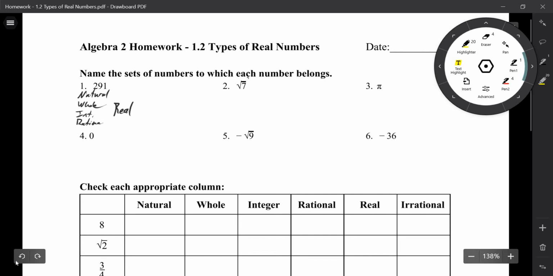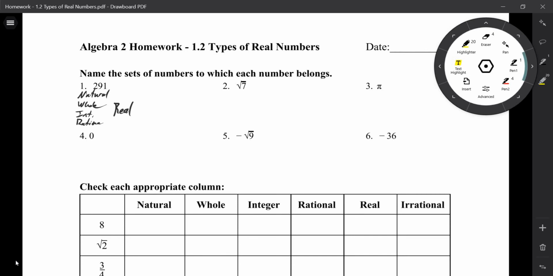Now, what about the square root of 7 here? We know it's not a natural number, because it can't be expressed with a fraction of some kind. It's not a whole number, it's not an integer either, but is it rational?